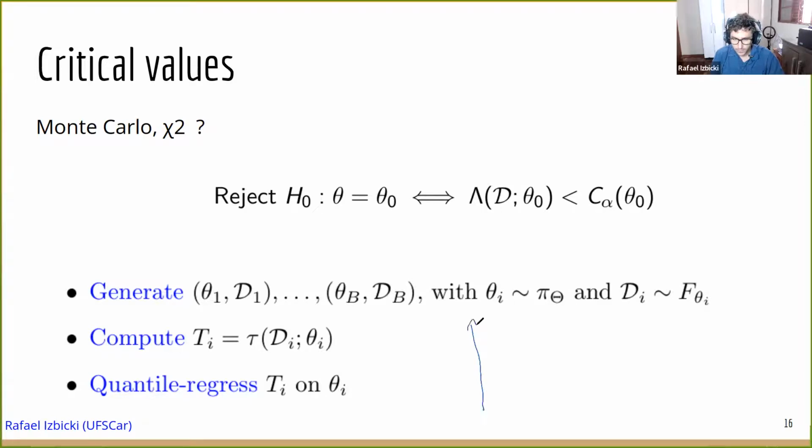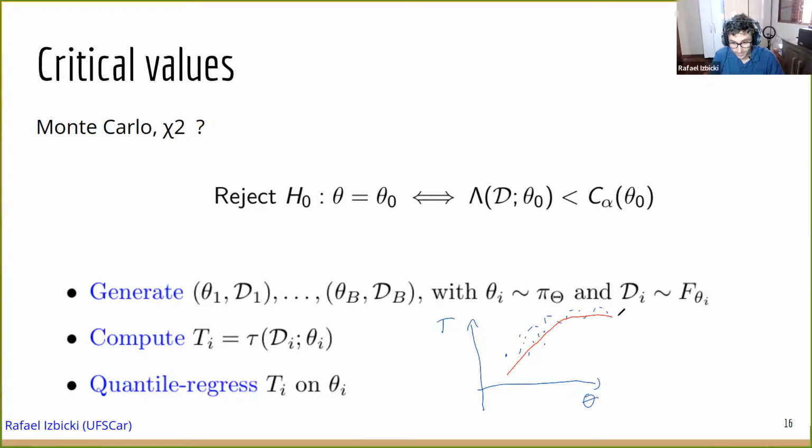So let's think that we have a plot like this. Our parameter is real valued. We have our test statistic here. So for each point in this set, we have what's theta and what's T, right? What we are doing is estimating the alpha quantile of this data.